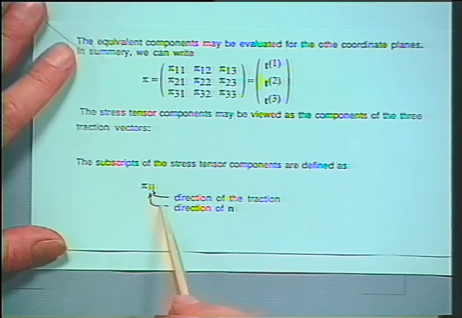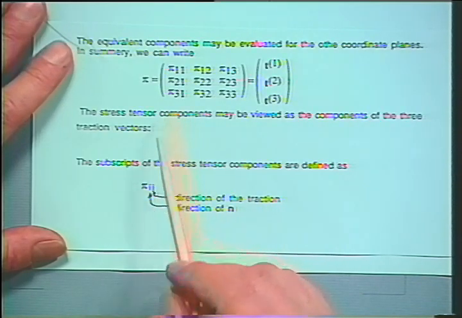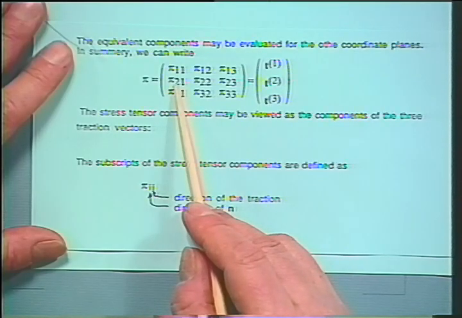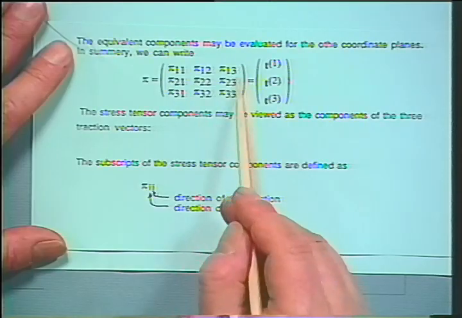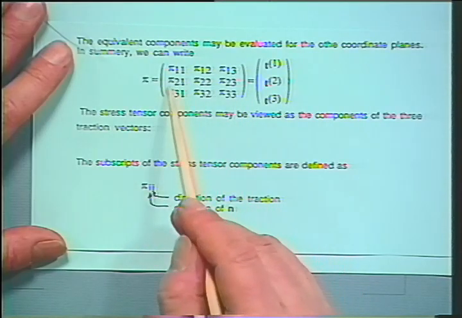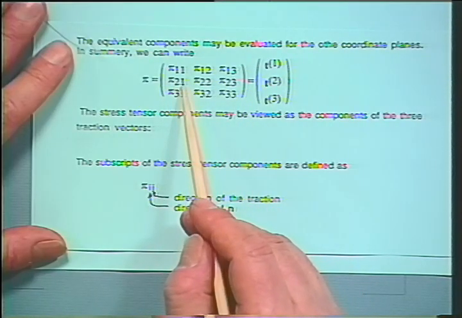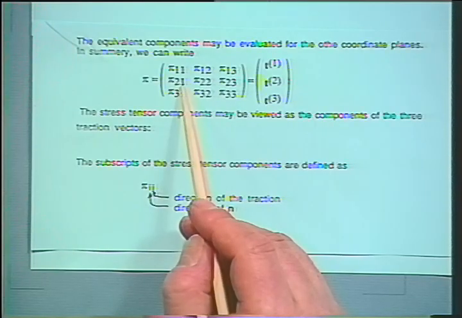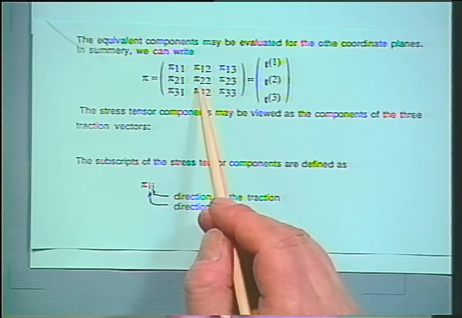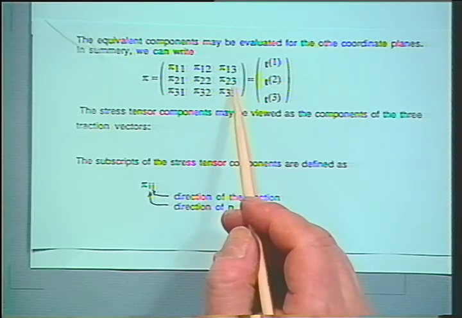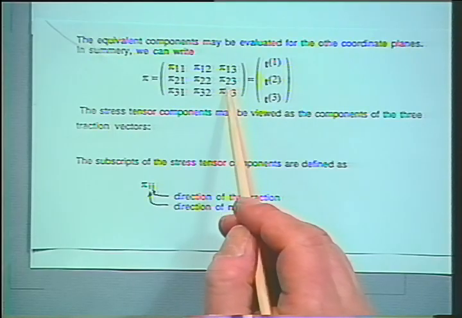And the first subscript indicates the surface on which the traction is operating. In this case, we are talking about the 2 surface, so we have pi 2,1. That's the 1 component of the traction on the 2 surface. Pi 2,2 is the 2 component of the traction on the 2 surface. And pi 2,3 is the 3 component of the traction on the 2 surface.